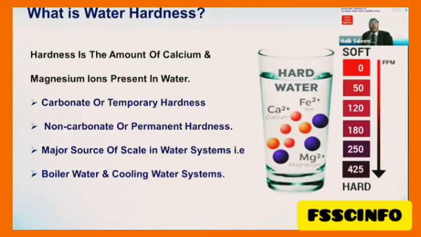Hardness is another important factor for our industrial use, and even for domestic use, we see that scale formation occurs in our taps and the lines in the home where we are using the water, and that is mainly because of the hardness.